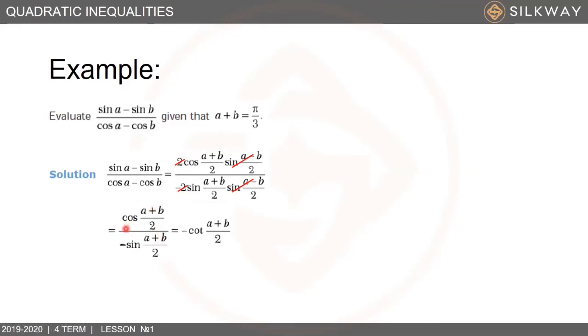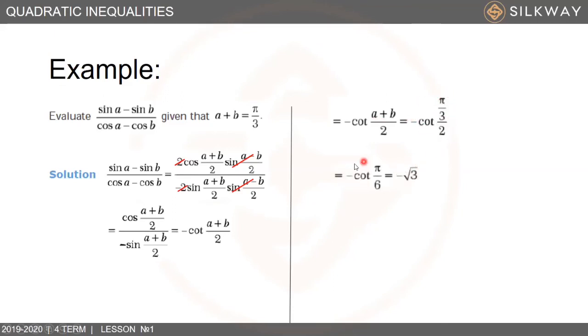We know that cosine divided by sine gives us cotangent. After that, a plus b is equal to pi divided by 3. If we put pi over 3 here, we will have this expression, and then our answer will be minus cotangent pi over 6 equal to minus square root of 3.